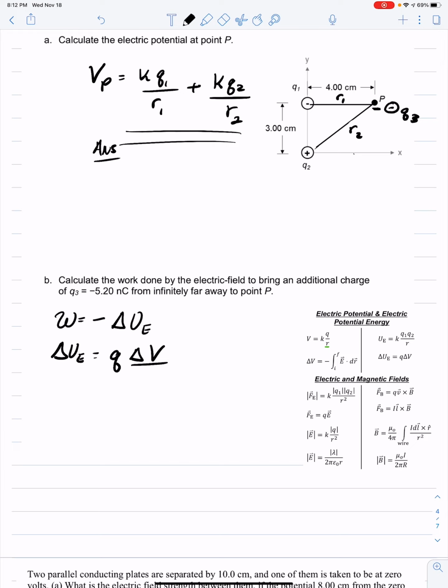Now that we know this, we can rewrite it as Q times the electric potential of P, because that is where it ends. From far away to point P. That is where it ends.